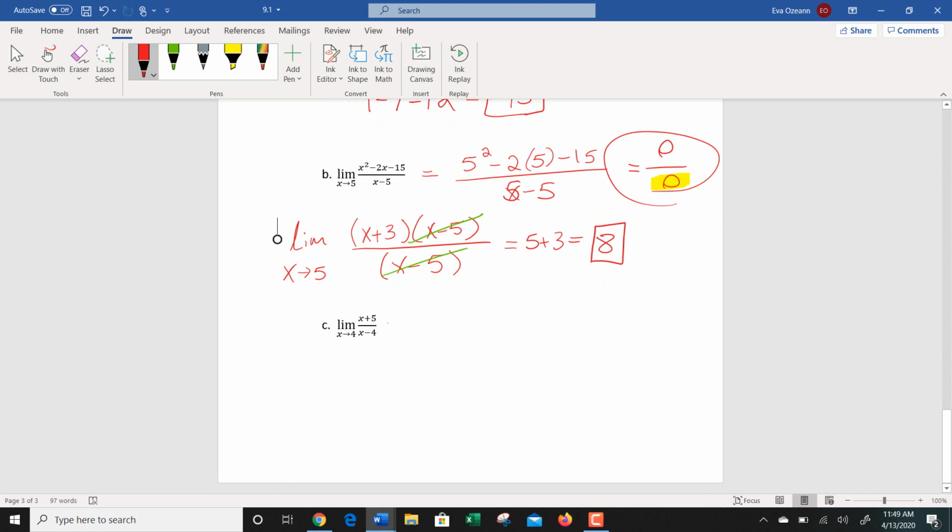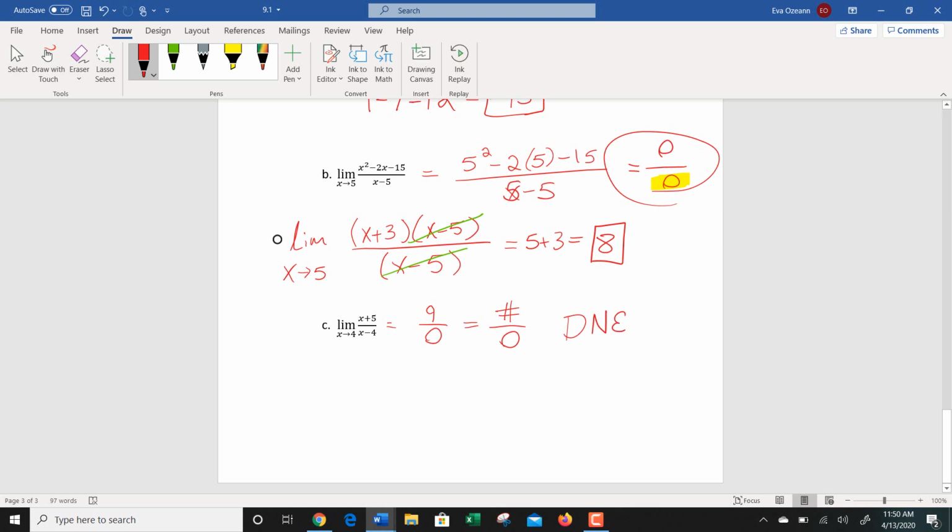So on the next example, if we plug 4 in, what we are going to get is 9 over 0. Well, we can't factor this anymore, but what this means is if you get a number over 0, what that means is that your limit just does not exist. Okay?